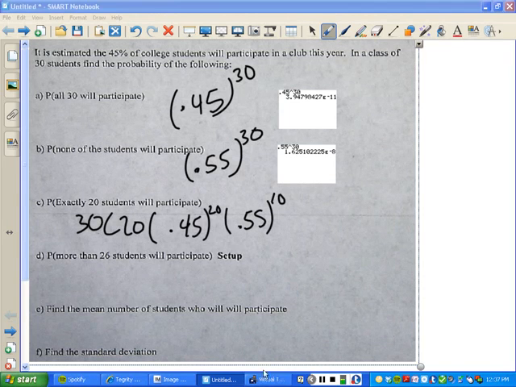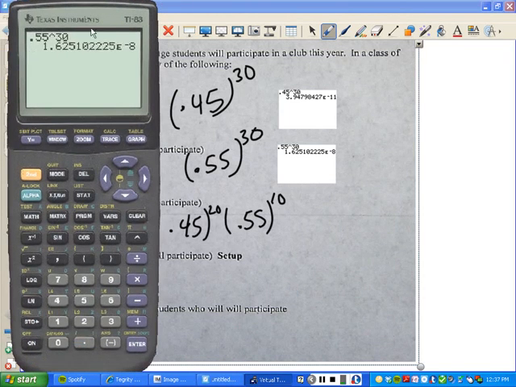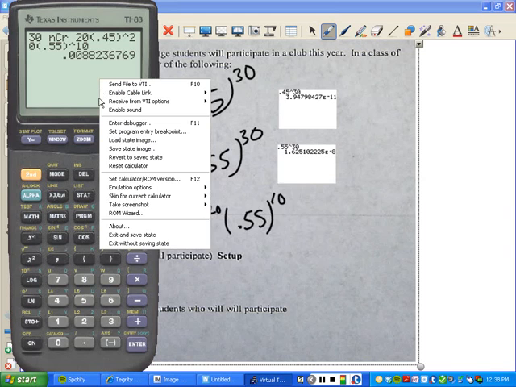To type that in, it looked like this. 30 choose 20, 0.45 to the 20th, 0.55 to the 10th. Bless you. 0.009.